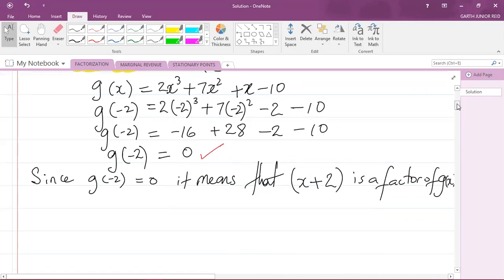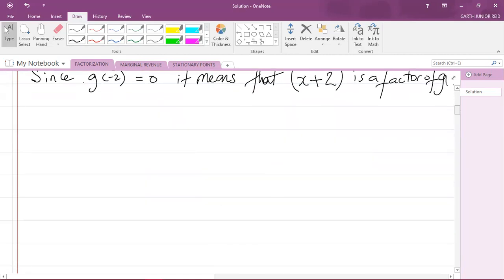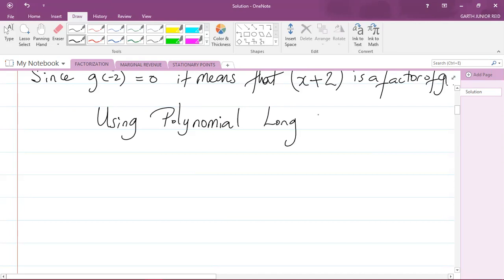I'm just going to do the polynomial long division. So let us use polynomial long division.